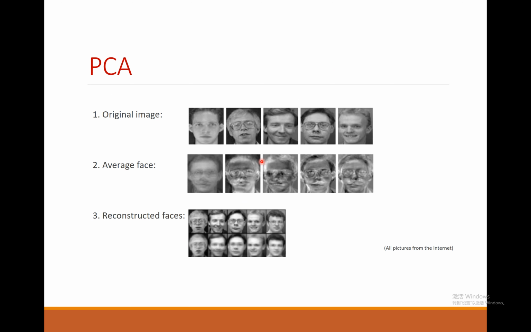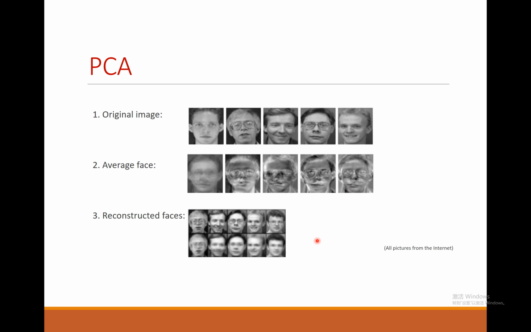This is to show how the PCA works. These 5 pictures are the input images, and then we compute the average face from the input images, and then we compute the eigenvalues and sort them, and we pick the eigenfaces.